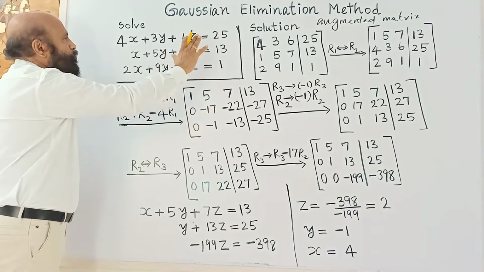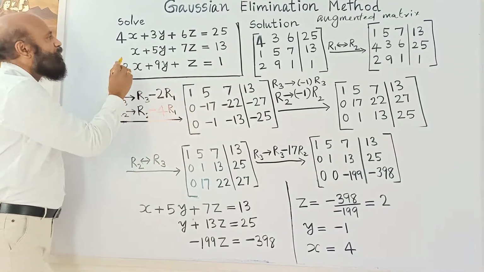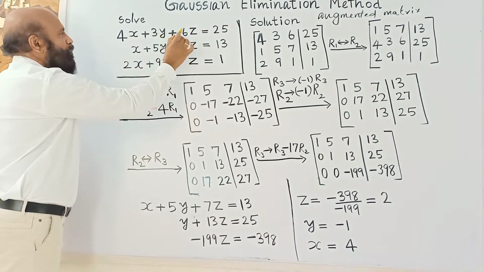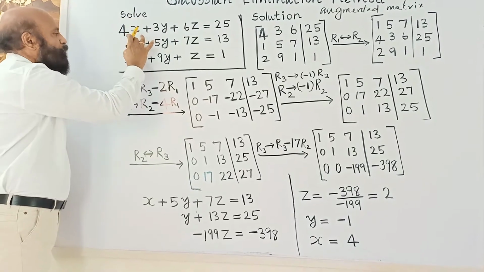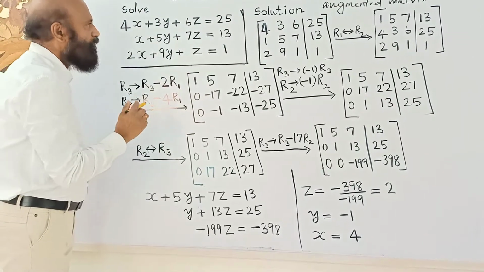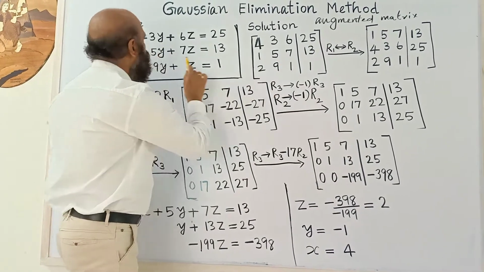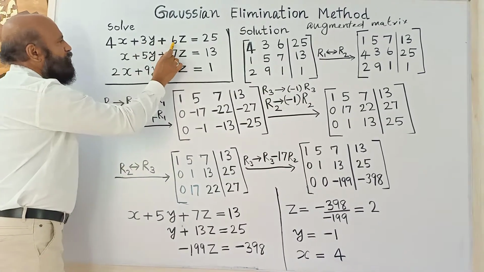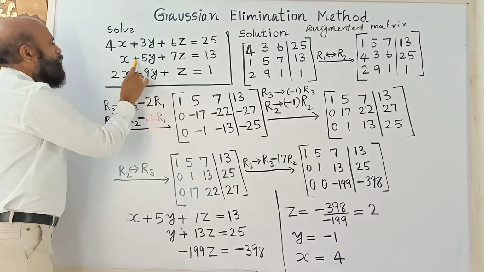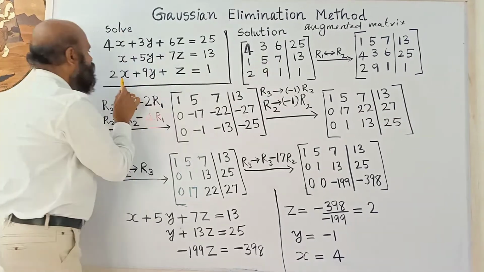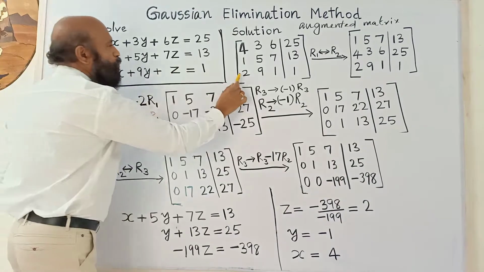Here there is a system of linear equations in three variables, and three equations are there. Now this is what is known as the augmented matrix, with the coefficients 4, 3, 6, 1, 5, 7, 2, 9, 1.